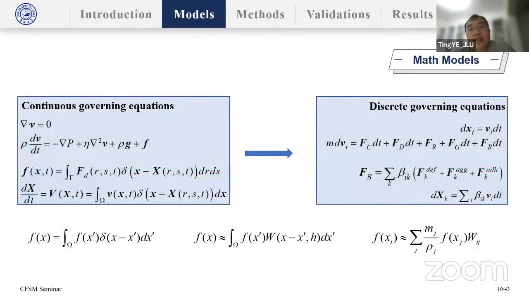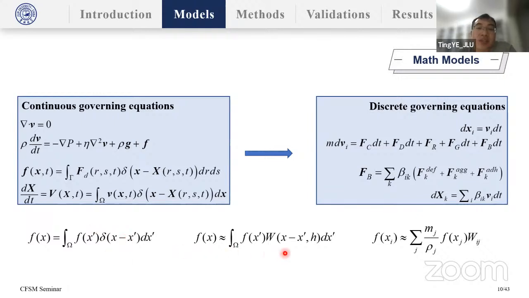Now I show the math models. This is the continuous governing equation, governed by the Navier-Stokes equation with the immersed boundary method. Using the standard procedure of SPH, this continuous governing equation is converted into a discrete governing equation. We know that any continuous function can be expressed in this integral form with a delta function.